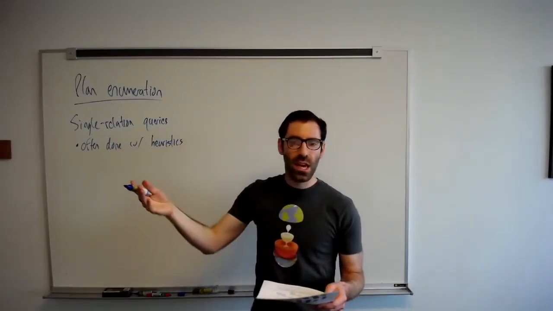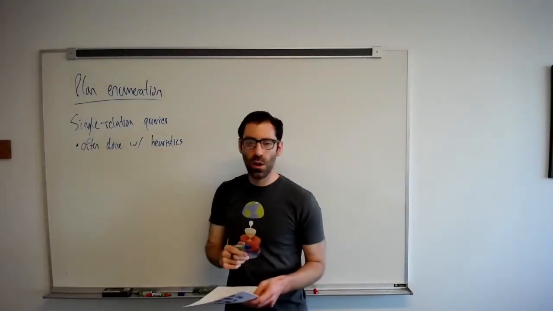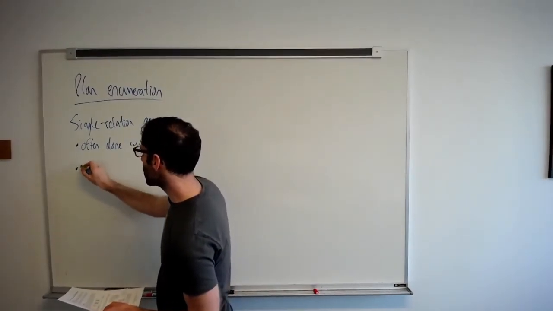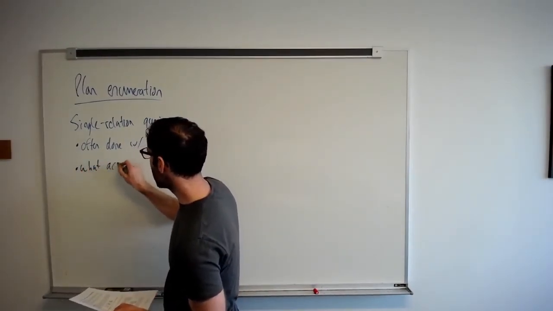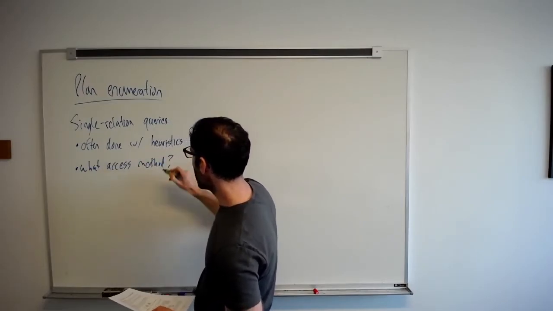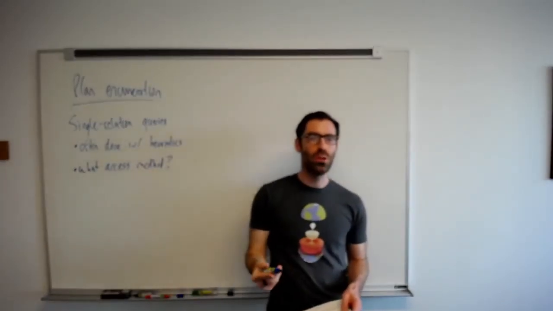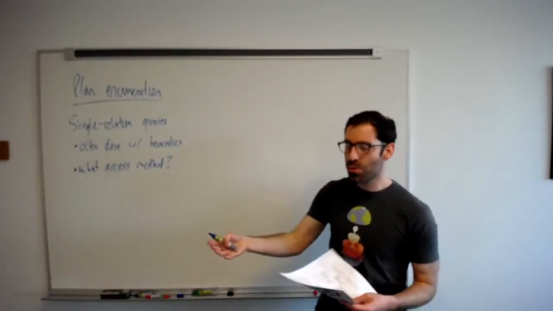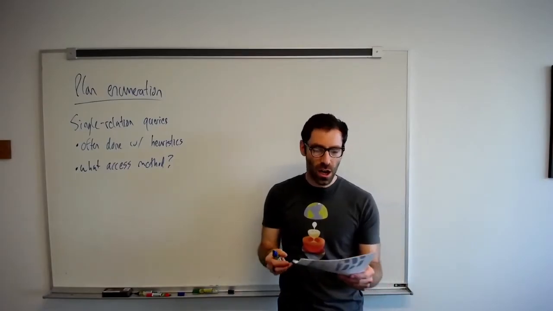And the key thing that we often need to decide for these single relation queries is what access method should we use? Is it sequential scan? Are there indexes we should use? Which index should be used?